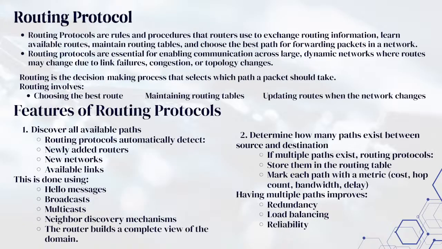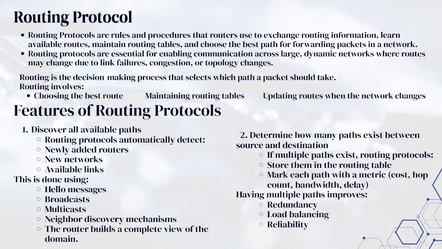When it comes to the first feature, discovering all possible paths, the routing protocol automatically detects newly added routers, new networks and available links. This is done using hello messages, broadcast, multicast and neighbor discovery mechanisms. The router builds a complete view of its domain.